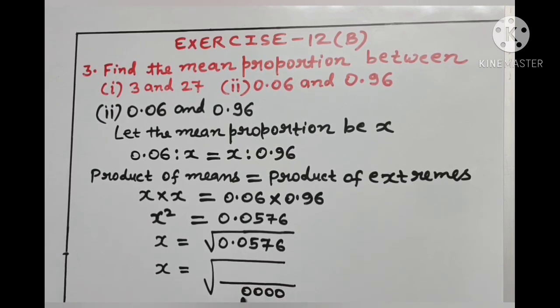So we are going to write 4 zeros in the denominator next to 1. Okay, and in the numerator we are going to write only 576. Clear? We will not write this decimal point in this place. Clear?